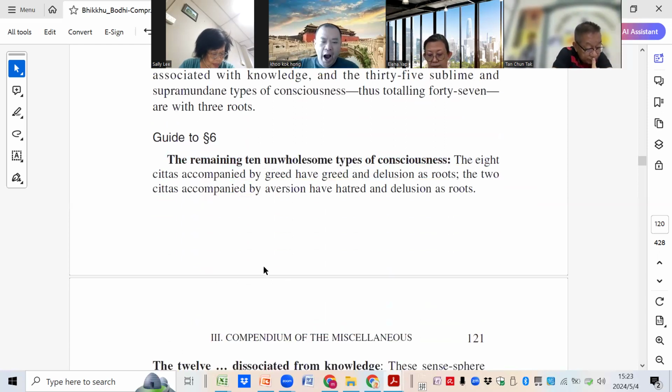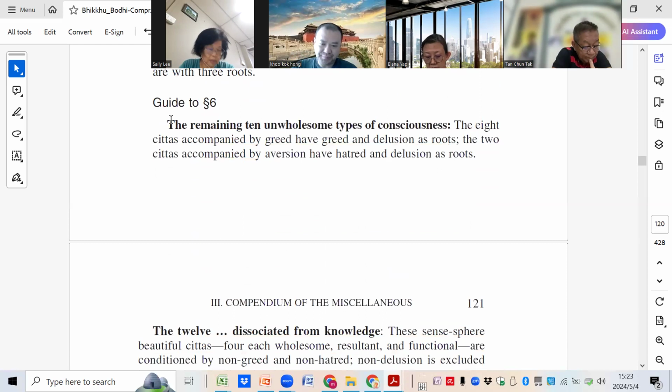The remaining 10 unwholesome types of consciousness: the 8 chittas accompanied by greed have greed and delusion as roots. The 2 chittas accompanied by aversion have hatred and delusion as roots.